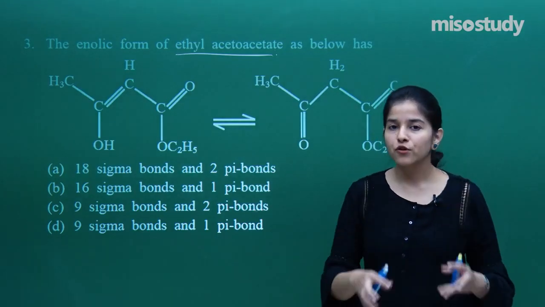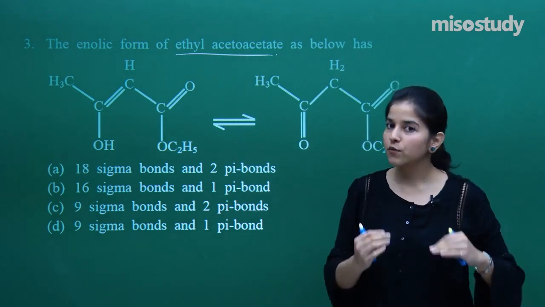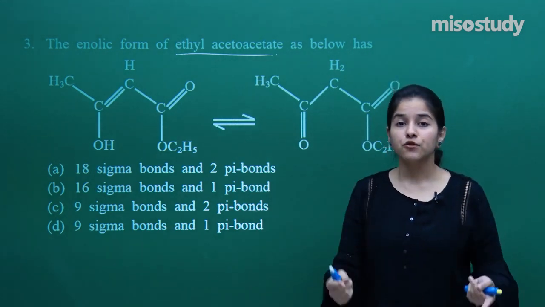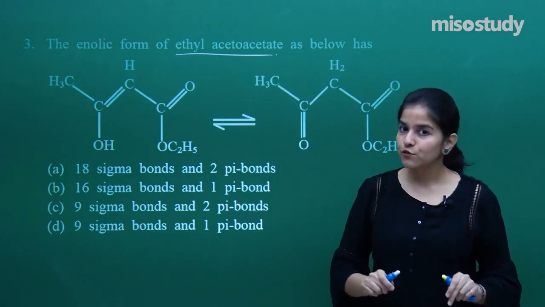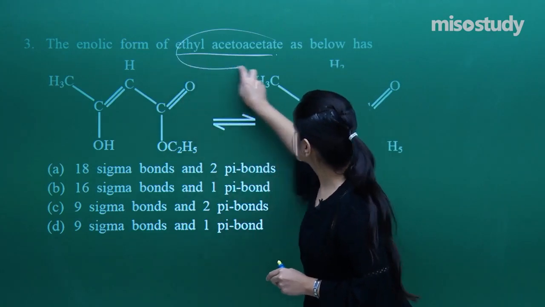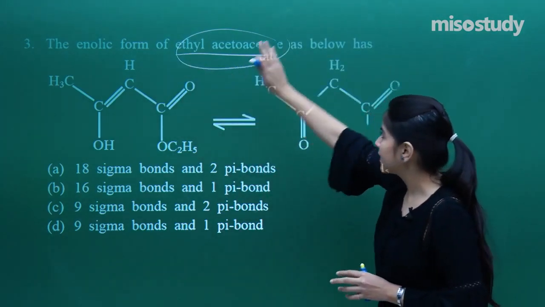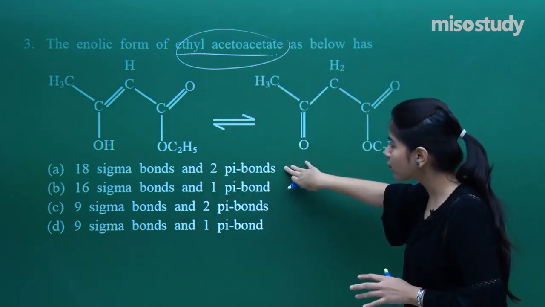Maybe just by looking at the options you can get the answer. So first is the observation and then you need to move on to some kind of conclusion. Clear? So here the compound which is given is ethyl acetoacetate, and its enolic form has how many sigma bonds and how many pi bonds.